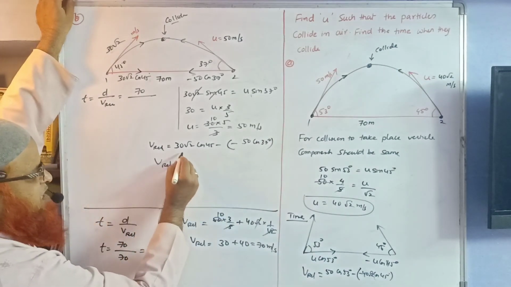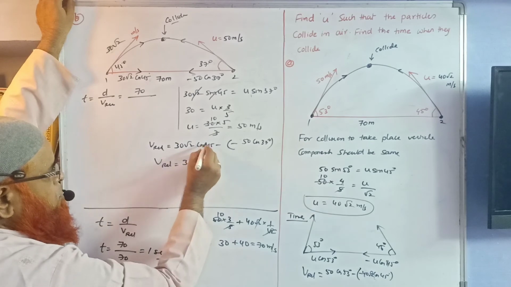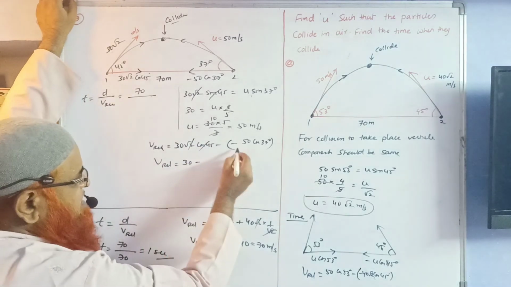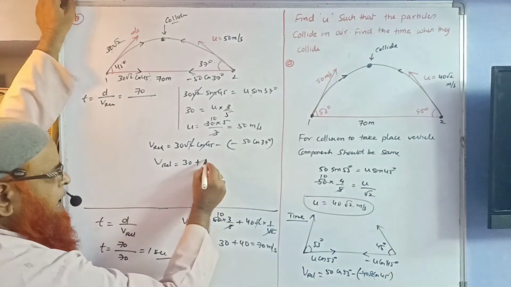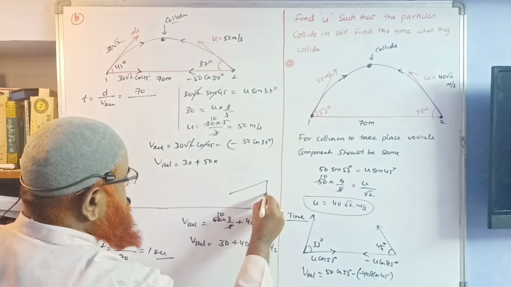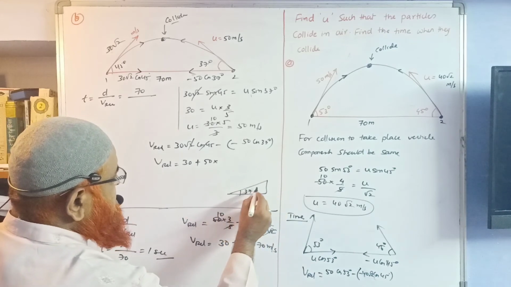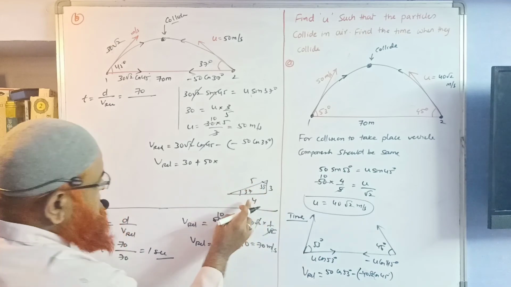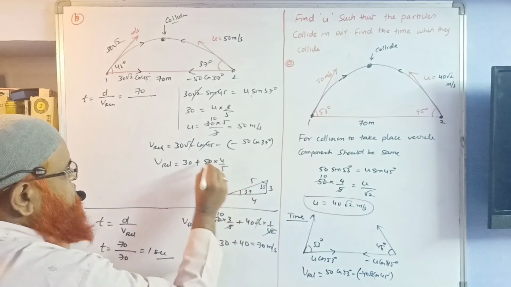Relative velocities you will find out now. 30 root 2 and these two get cancelled. What is left now? 30 is left. So minus of minus will become plus here. And this is 50. And you know cos 37. So how much is cos 37? This is 37, 53, 3, 4, 5. Cos 37 is 4 by 5. So you can write 4 by 5 here.